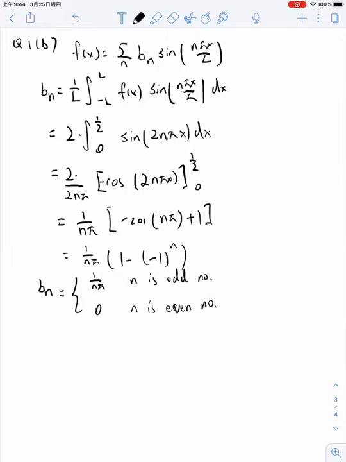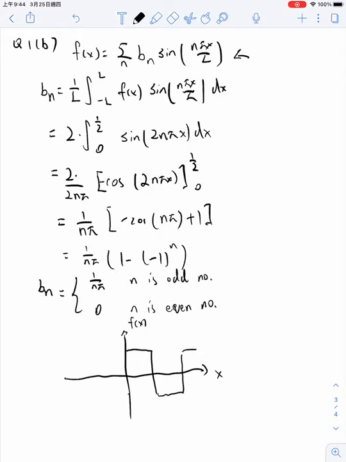So if you pick a large n and use this coefficient equation to plot a graph, you should be able to get a graph like this. And this is a square wave.